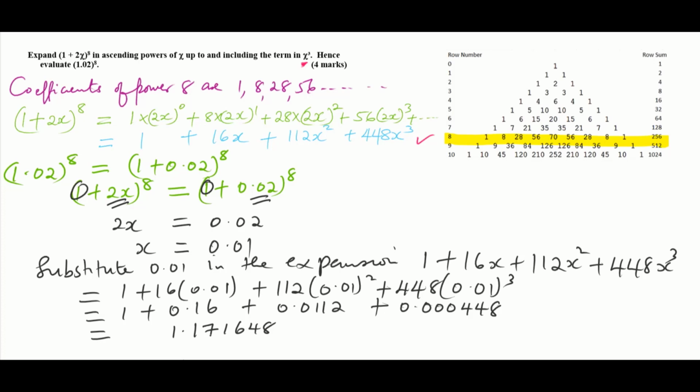And when we round this off, sorry, so you're going to have this one as 1.17116. So that will be our answer, and that is how we are supposed to solve that binomial expansion.